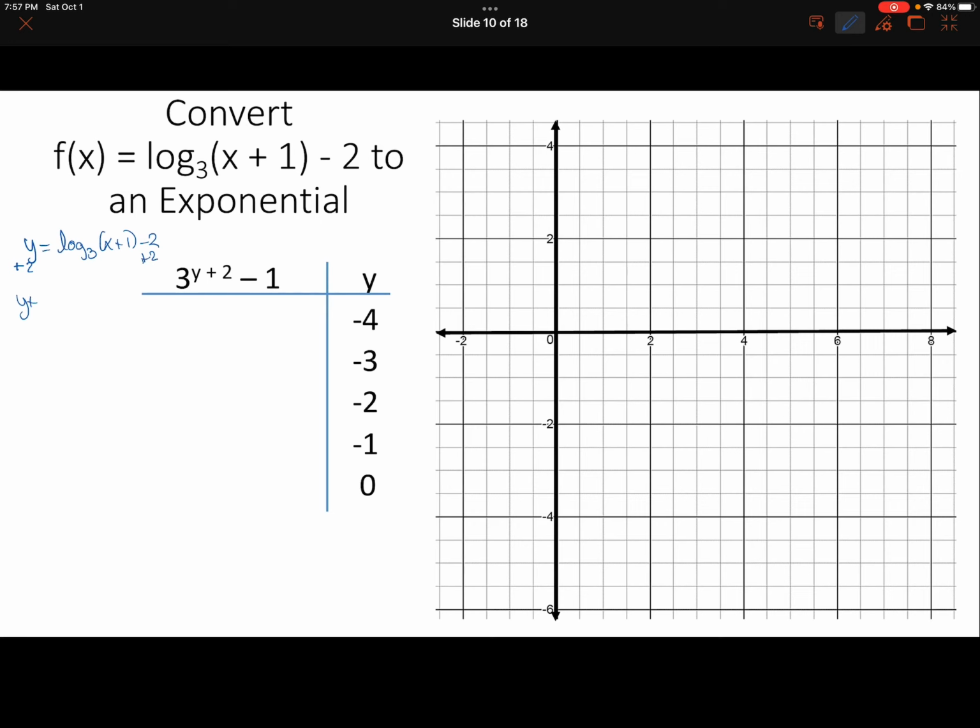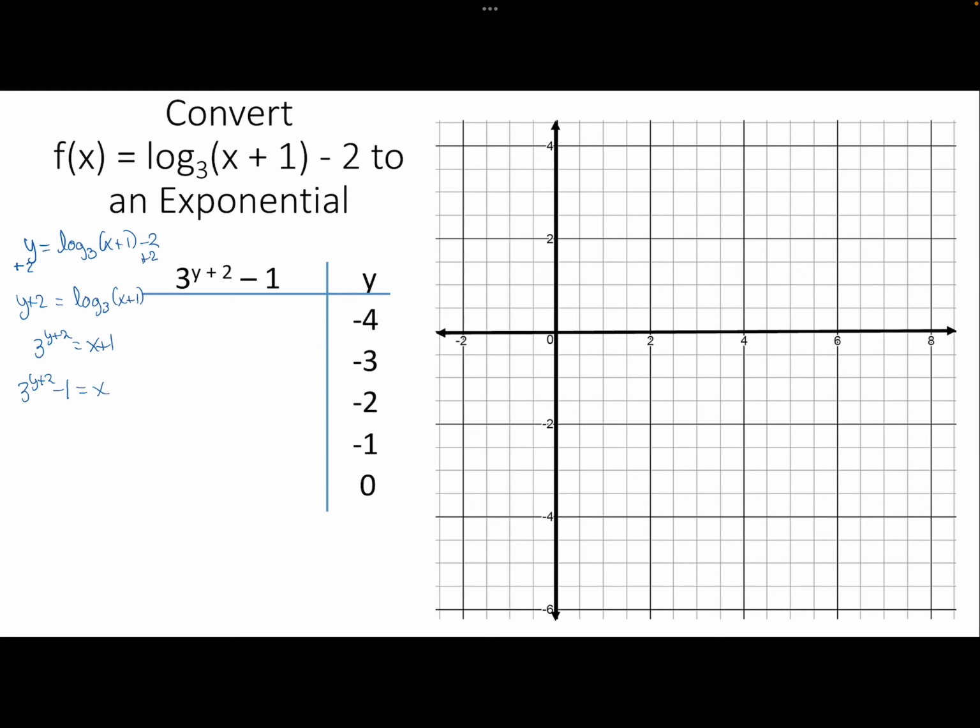So I have y plus 2 is now equal to the log base 3 of (x plus 1). Now remember, the answer to the log is the exponent in an exponential. So 3 to the (y plus 2) is now equal to x plus 1. Now I'll solve for x. So 3 to the (y plus 2) minus 1 is equal to x. That's how I got my equation for my t-chart.